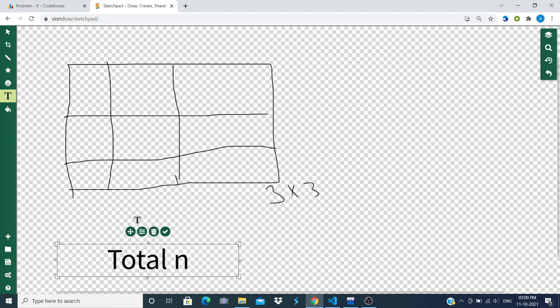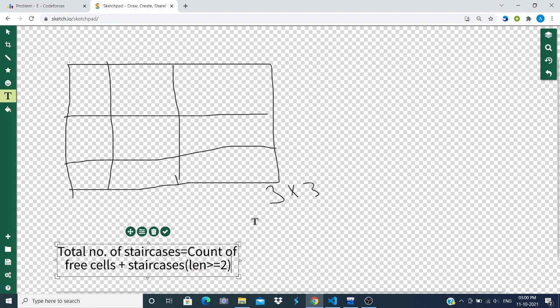So the total number of staircases is equal to the count of free cells plus the count of staircases which have length greater than or equal to 2.